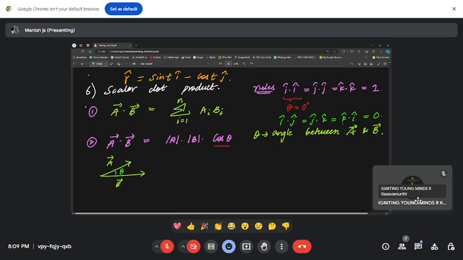So for unlike unit vectors, the dot product will end up giving you the answer 0, and we only consider the like unit vectors. These are the two important rules that you need to keep in mind before you evaluate the scalar dot product.